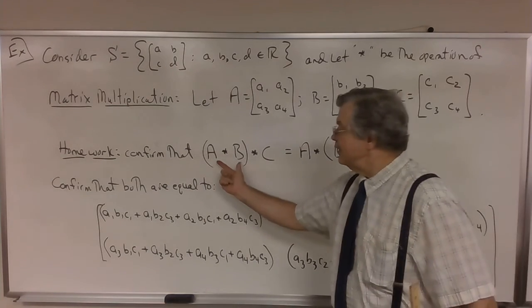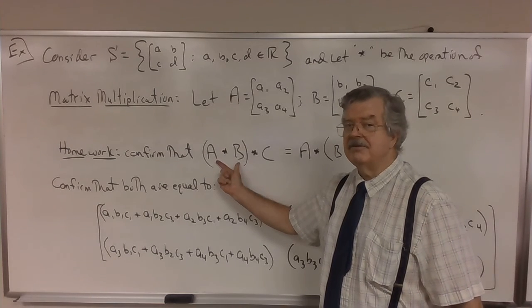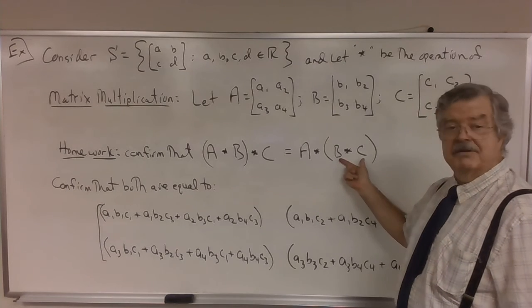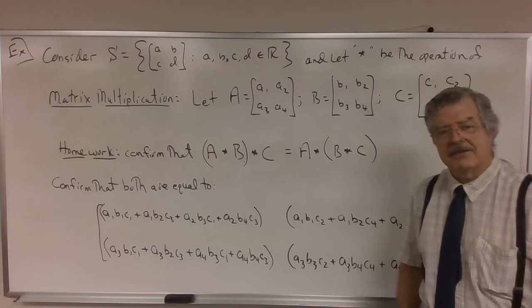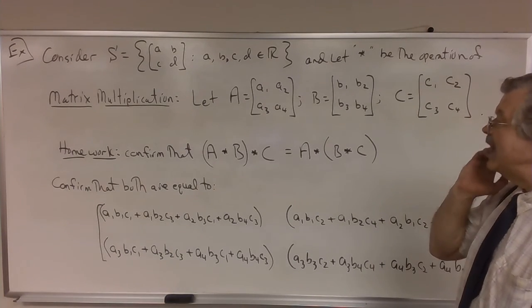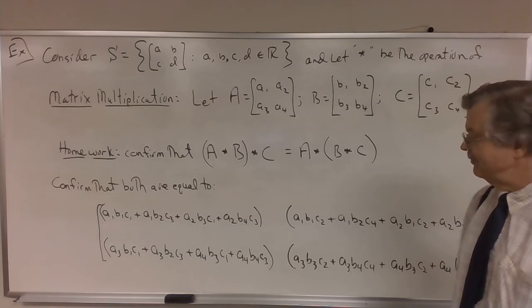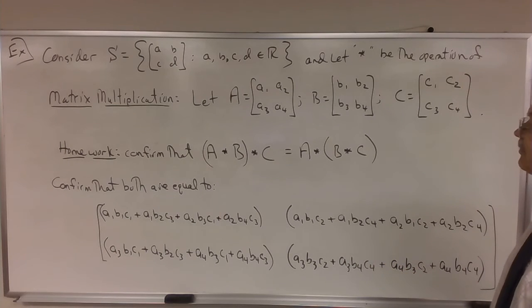It doesn't matter which pair of adjacent matrices we associate first, whether it's AB or whether it's BC. We're going to get the same thing. And just to confirm that, I'm not going to do this out. I have the answer here.